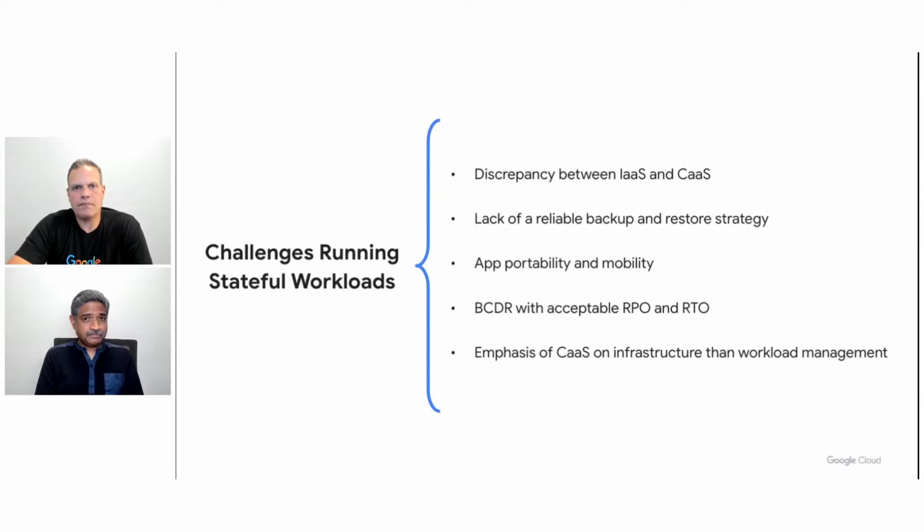For example, how do I take snapshots of volumes attached to my Kubernetes cluster? Even if I take those snapshots attached to the worker nodes, it wouldn't be consistent and it wouldn't really replay the same scenario that works in IaaS. So there is a steep learning curve and a discrepancy between managing IaaS and managing CaaS.